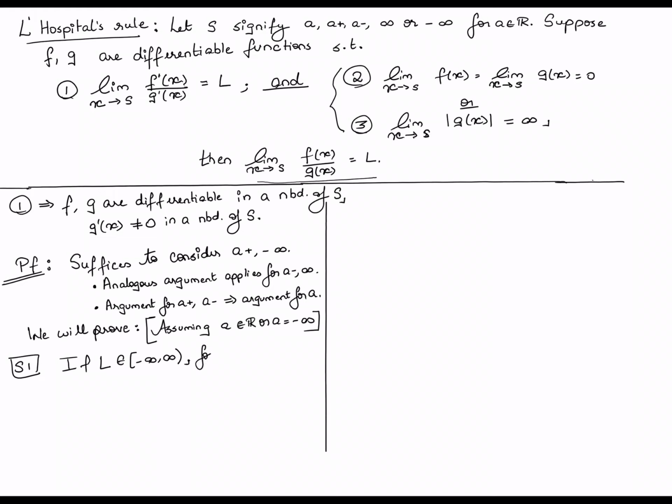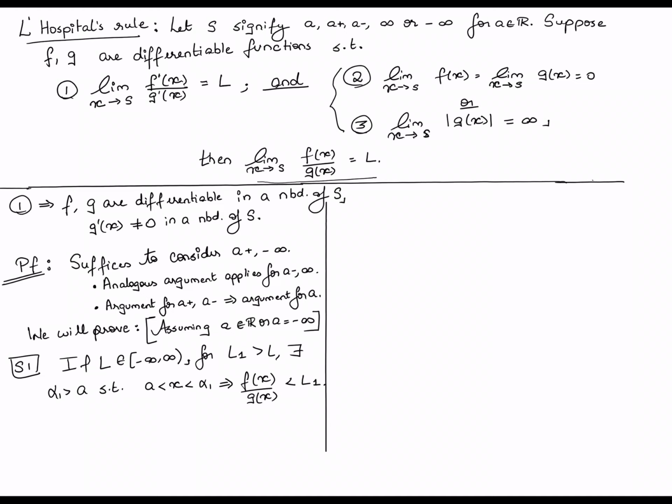For L1, which is greater than L, there exists, let's say, an alpha 1 which is greater than a, such that a less than x less than alpha 1 implies f of x by g of x is less than L1. Right? So this is the upper bound.